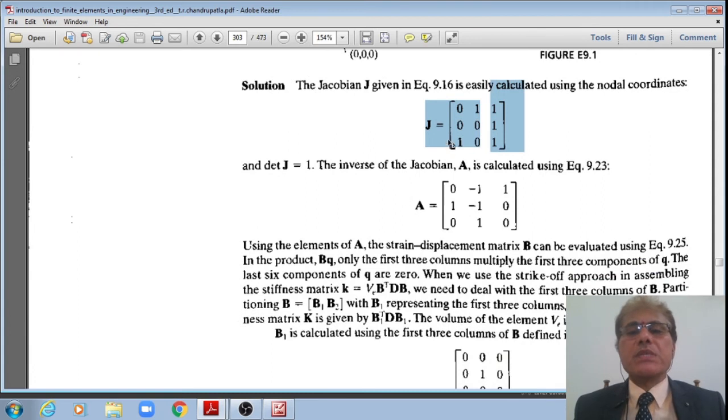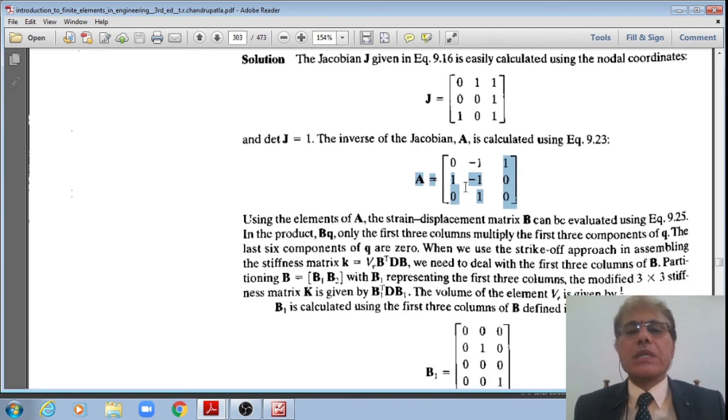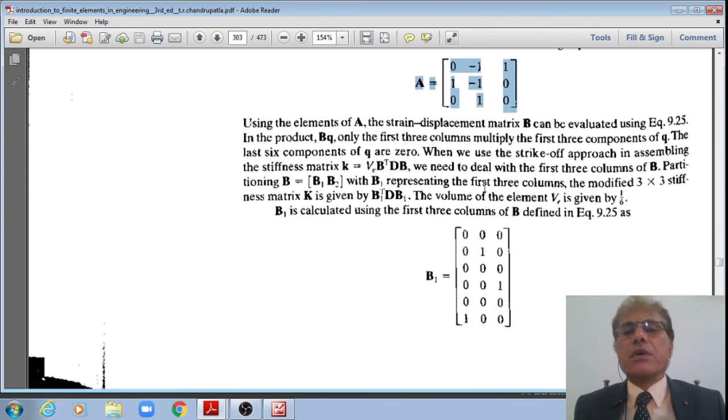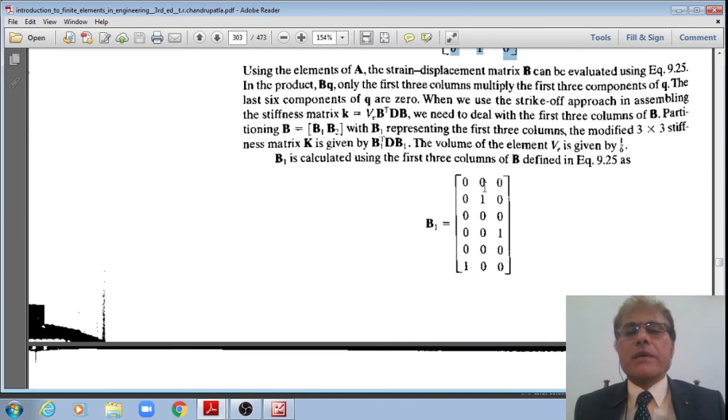Similarly, once I get this Jacobian, I can find its inverse, which is the inverse of this 3 by 3 matrix. You know how to invert a 3 by 3 matrix. Upon inversion, you'll get this matrix as 0, minus 1, 1, 1, minus 1, 0, 0, 1, 0, right? That is all.